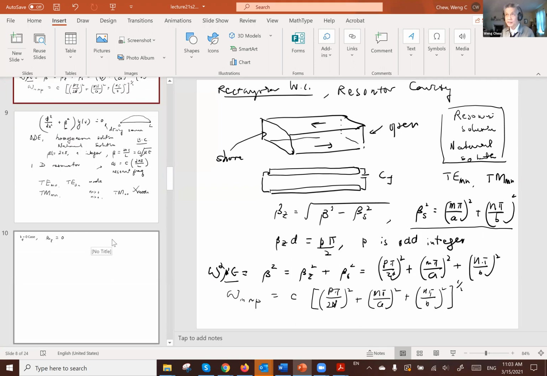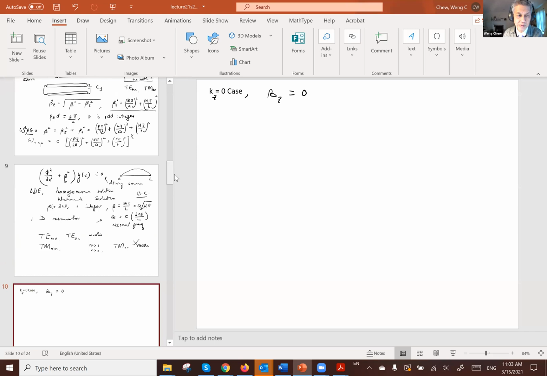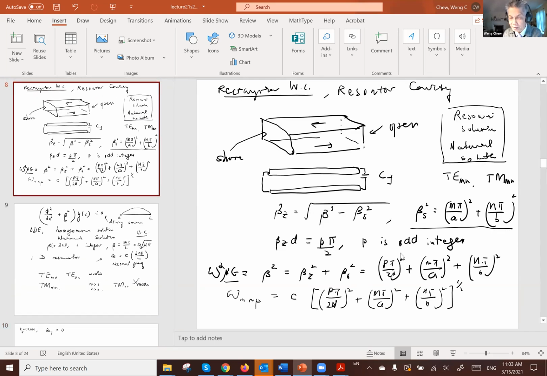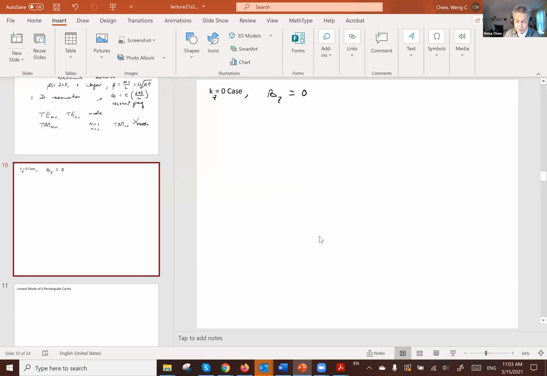But the question I'm going to ask is, is it possible that we can have beta z equal to 0 in this solution? Which means that I can have this term being 0, and yet this term not being 0. It turns out that this is possible when you have TM modes.